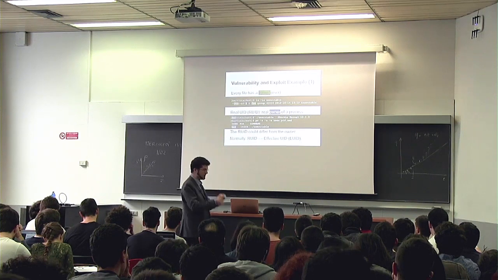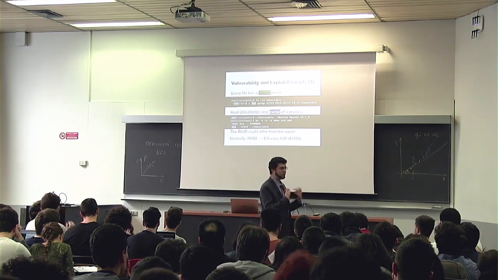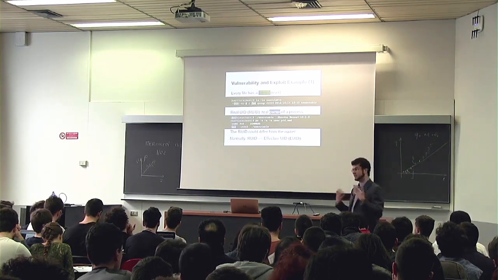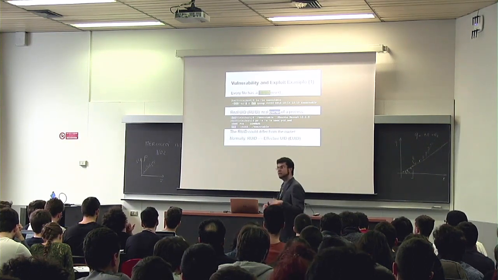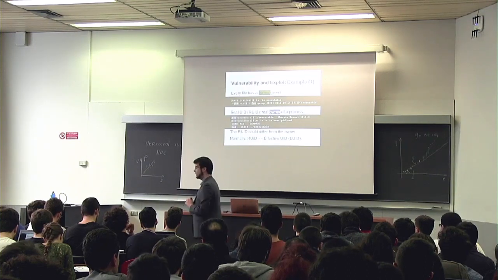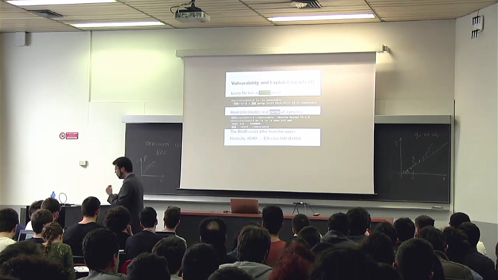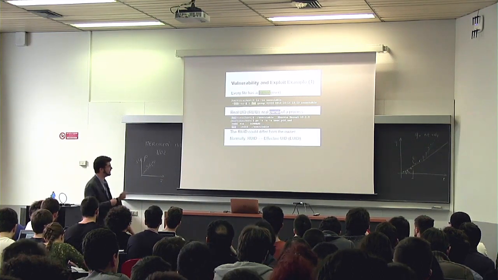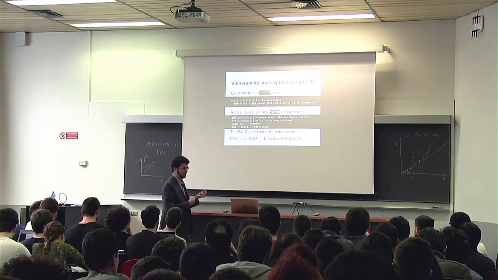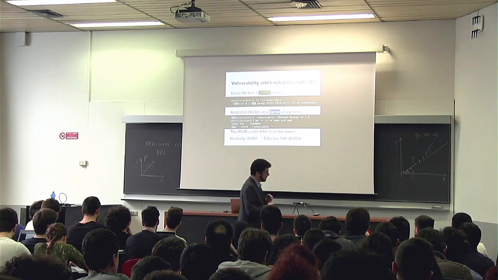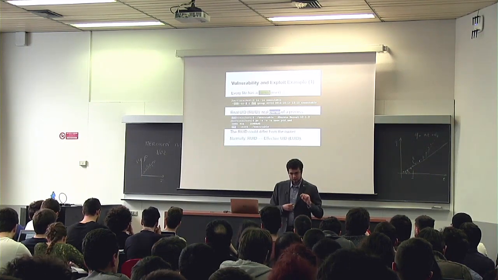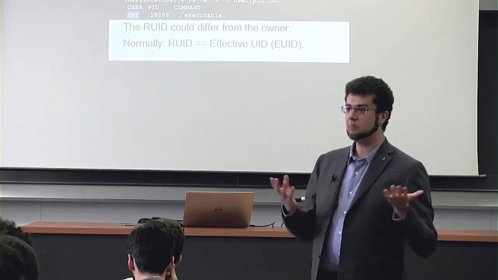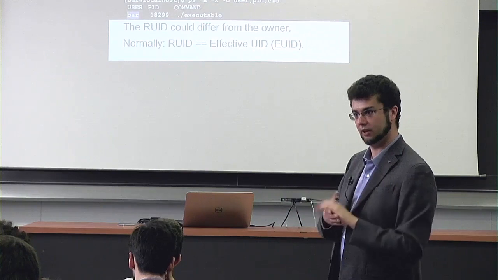When you run a process, the process can perform some actions. These actions are restricted by the user the process is being run with. This owner of the process, this user owner of the process, is called the real UID, RUID. That's the user that is being used, basically, for checking permissions for what the file can or cannot do.